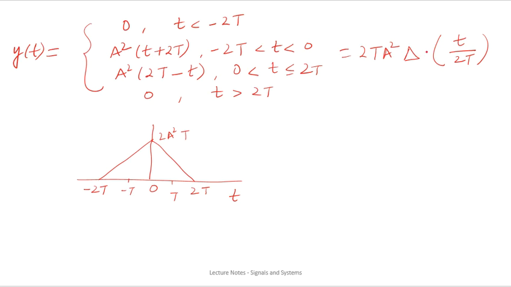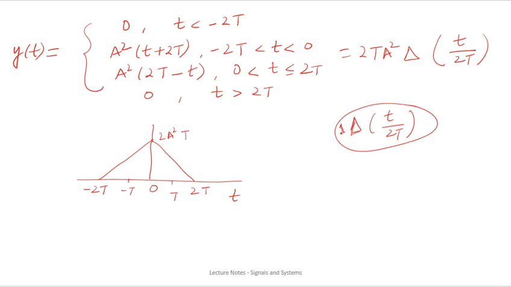We use this notation del of t by 2T to denote the triangular signal that is of unit height centered around t equals 0 and has a base of length 4T. So whenever something like this is written, it is representing a triangular signal of unit height, because the amplitude here is unity.